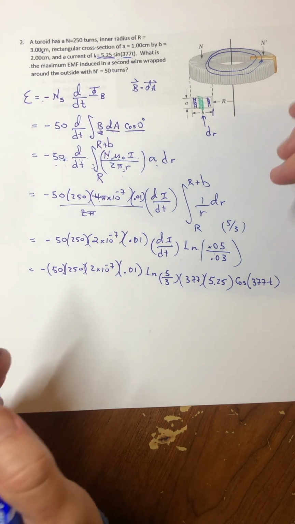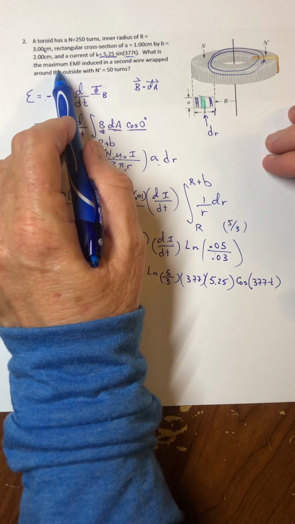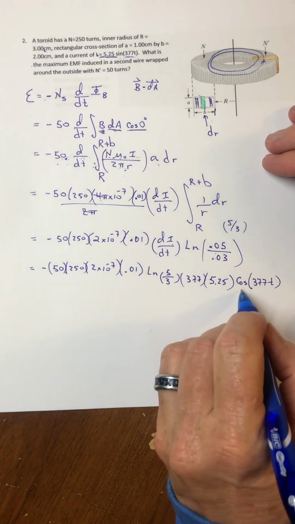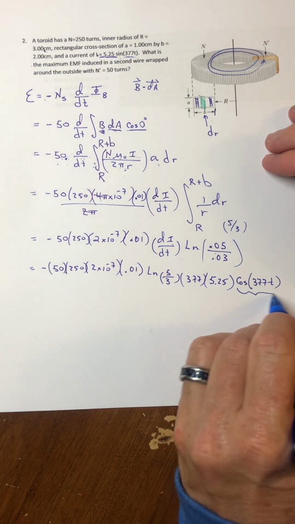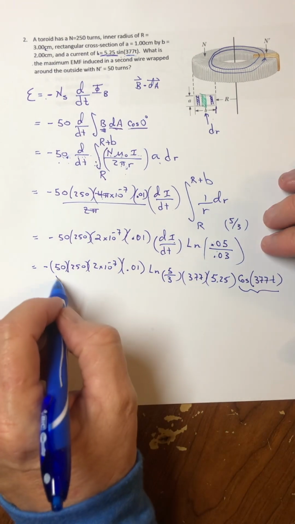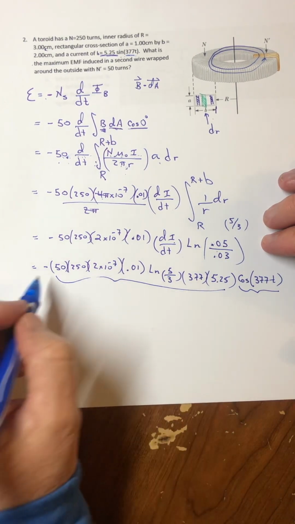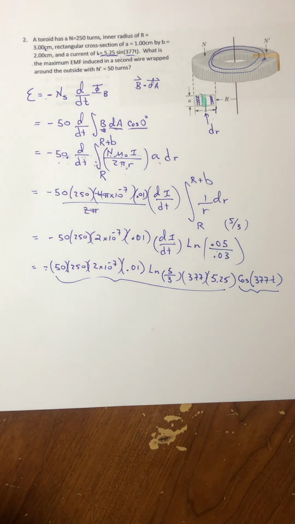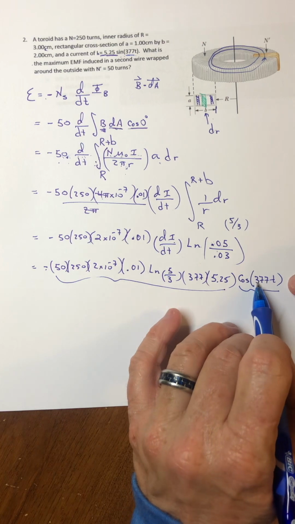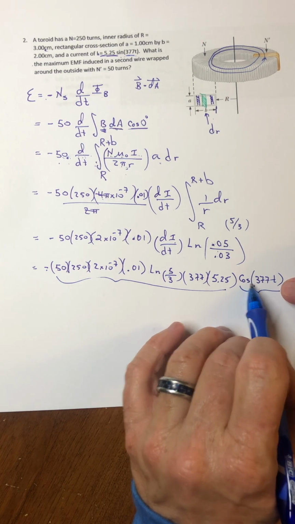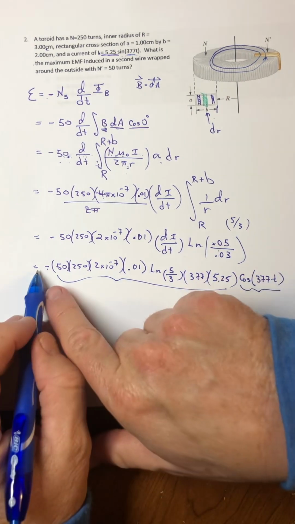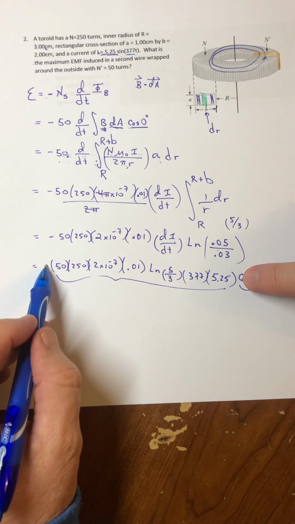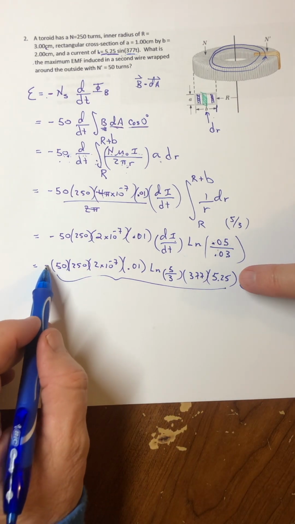Anyways, to finish this problem, it does say the maximum. This would go up and down, and this would be its amplitude. Of course, I should say it's a minus cosine function. But at some moment in time, this is going to be a negative 1, and with that negative, that is its maximum.